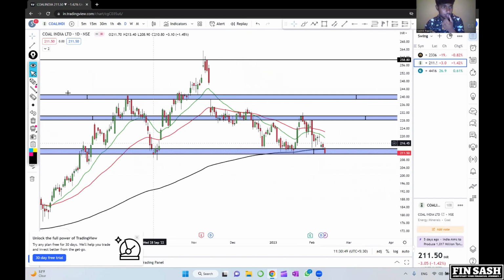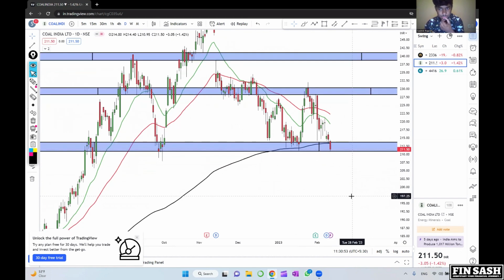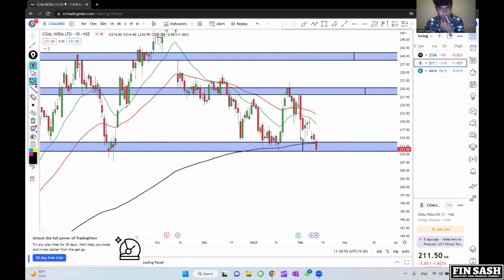Again, Coal India also in the previous market analysis video. So I think it was somewhere here and then it finally came to our zone and gave a bearish candle below the 200 moving average.